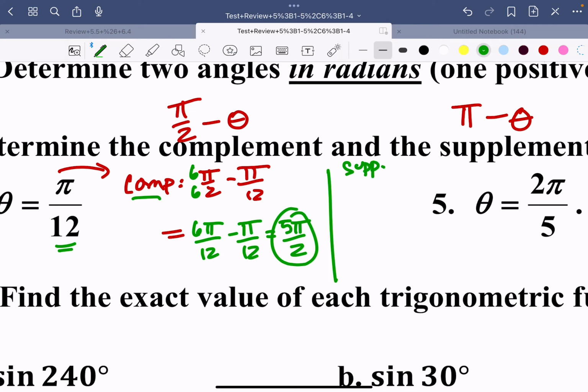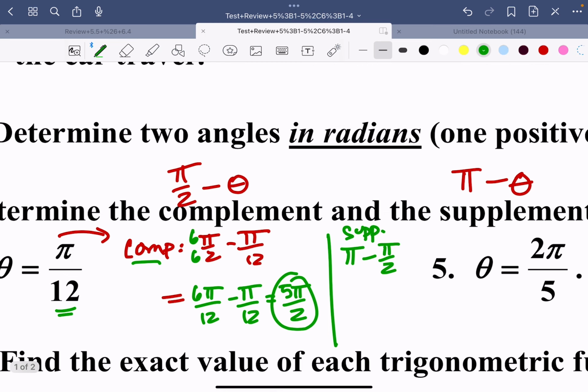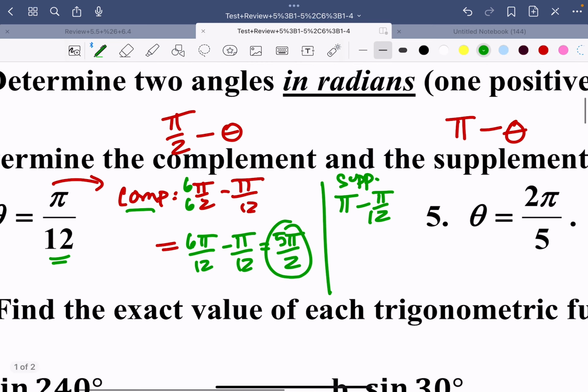Then if I want to do the supplement, I take pi minus my angle, but again, I need common denominators. So since it's over 12, I hit this with a 12 over 12, and I would get 12 pi over 12 minus 1 pi over 12. It turns out that 11 pi over 12 is going to be the supplement of my original angle.